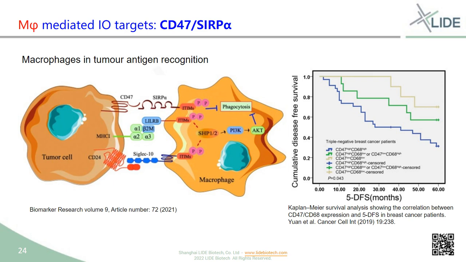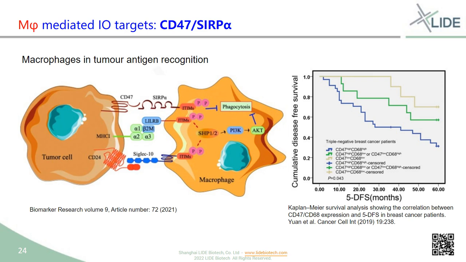Upregulated CD47 protein in cancer cell lines is not only important for its intrinsic signaling for cancer itself, like proliferation and migration, but it's also important for cancer immune escape through its receptor SIRP-alpha on the macrophage side, by recruiting phosphatases SHP1 and SHP2 for macrophage phagocytosis inhibition.